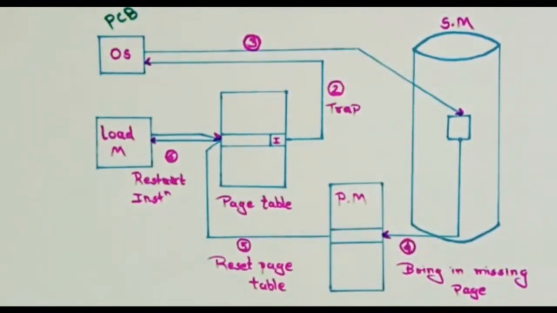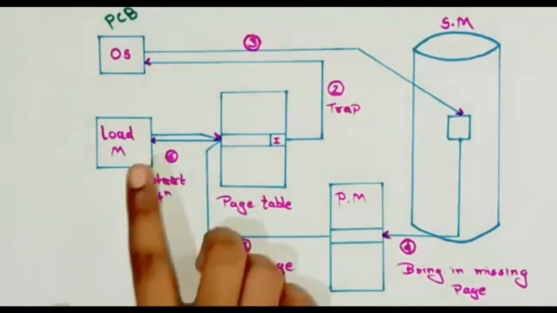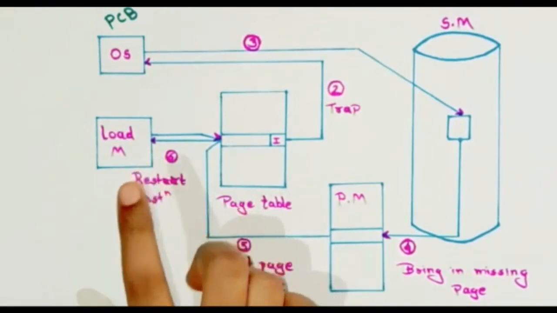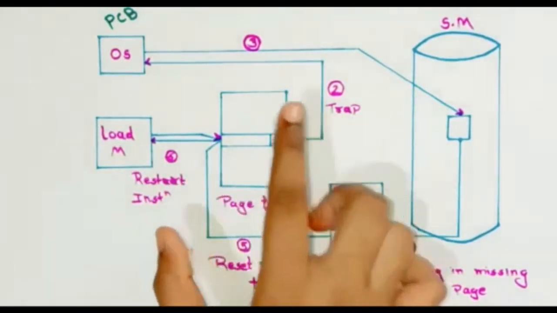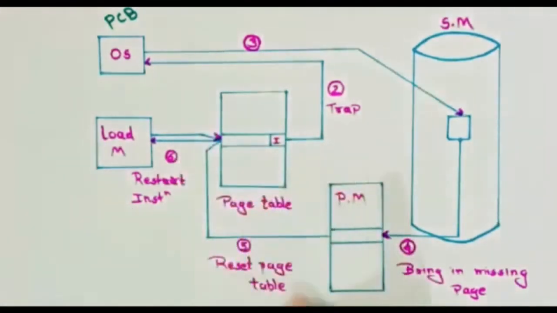Now let us see in short what it is. First, if you request a page and it is not present in the page table, it sends a signal to the operating system. The operating system checks the PCB whether it is a valid reference, or whether the page is not present in the main memory. It then asks the disks to send the free frame.